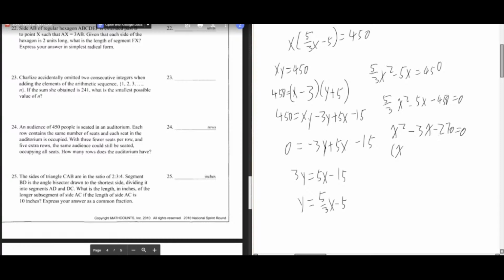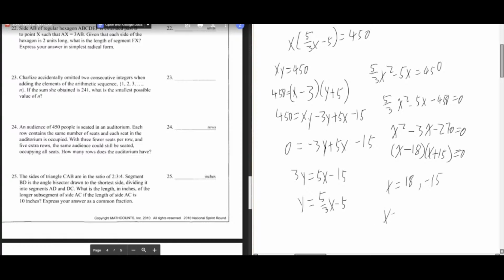So now we just want to solve this quadratic by factoring or quadratic formula. If you factor this, it's x minus 18, x plus 15. So x equals 18 or negative 15.